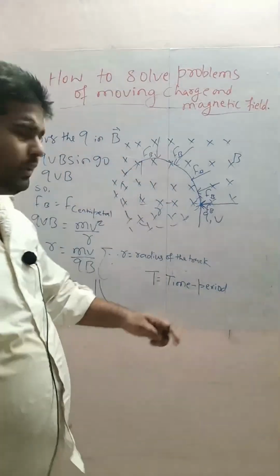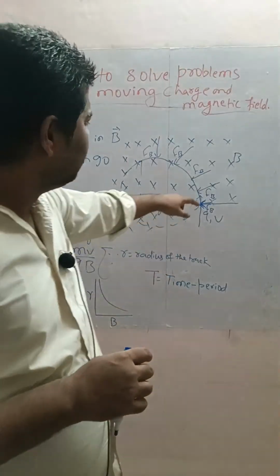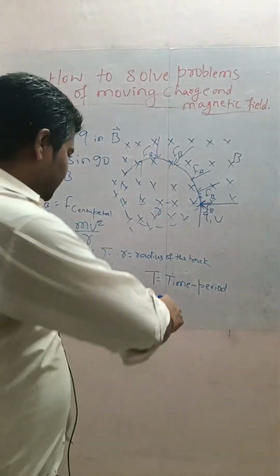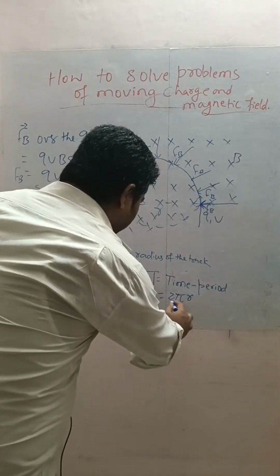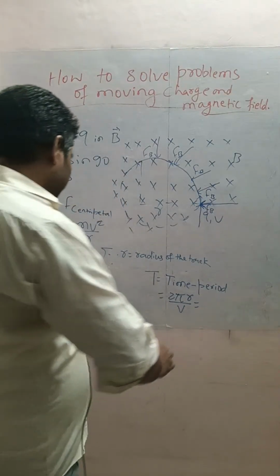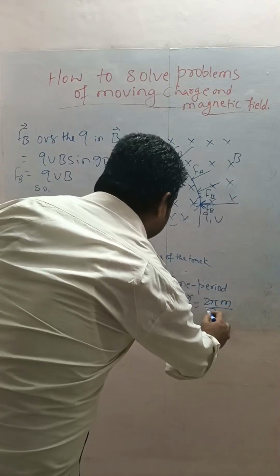What will be its time period with this velocity under this magnetic force to cover one revolution of this circular track? And this is 2 pi r by v. Put the value of r from here, we get 2 pi m by qB.